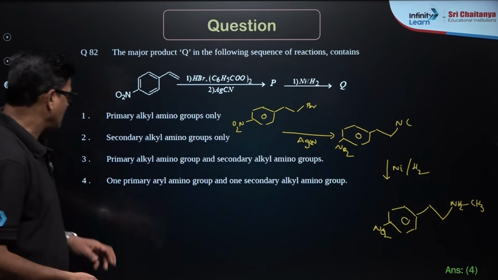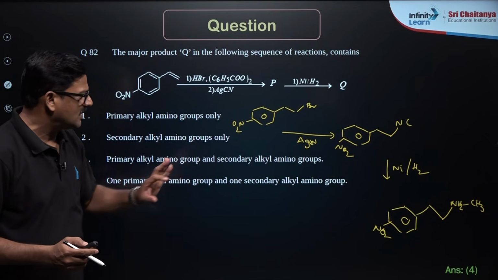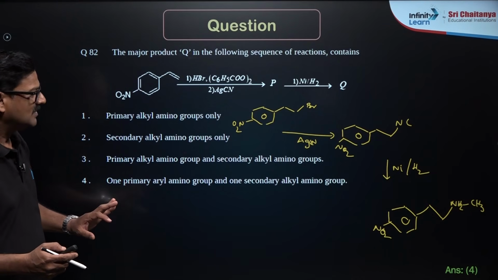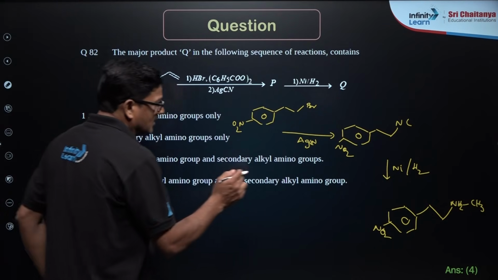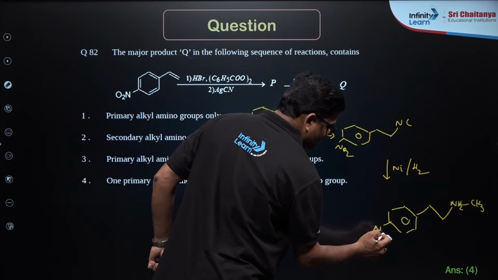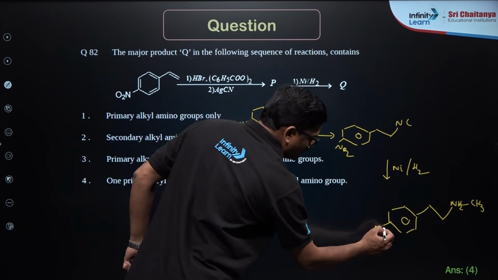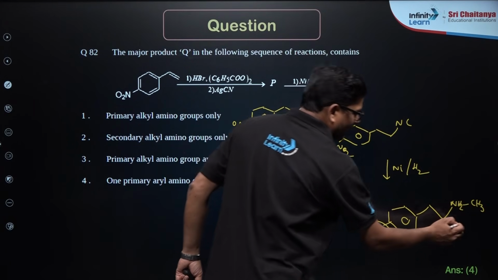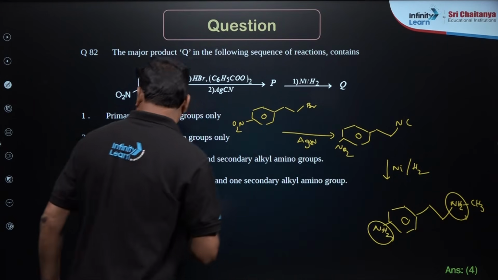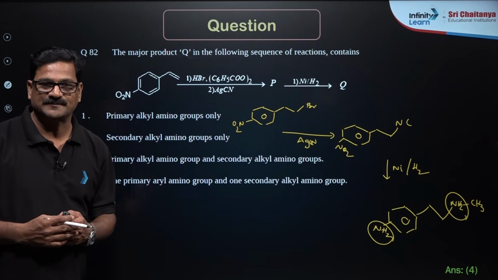So I want to say the option for one primary aryl amino group and one secondary alkyl amino group is there, and this nitro group is also reduced by nickel and hydrogen, so it will be NH2 over here, so that primary aryl amine and secondary alkyl amine. Option 4 is the correct answer for this question.